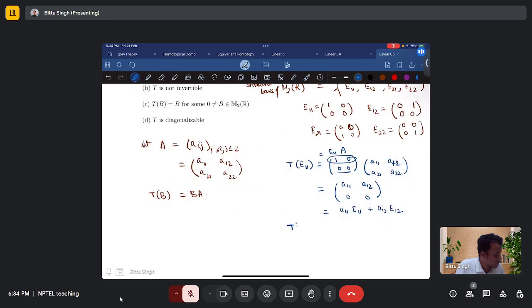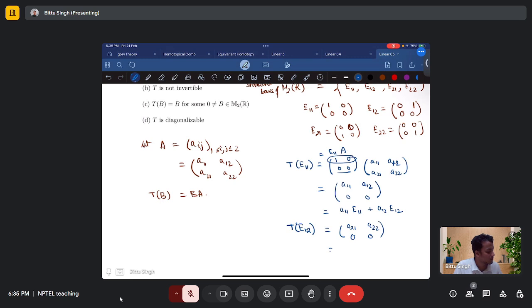And by similar calculations, for T E12, it will take the second row. So it is A21, A22 and 0 0. It is easy to see. Otherwise, just multiply and you will obtain this.